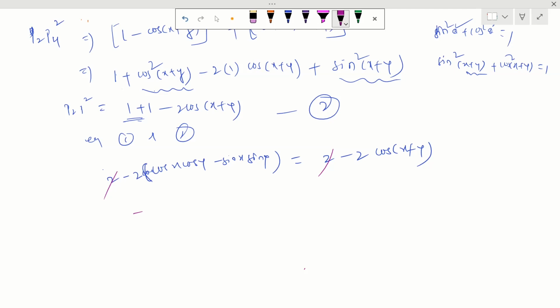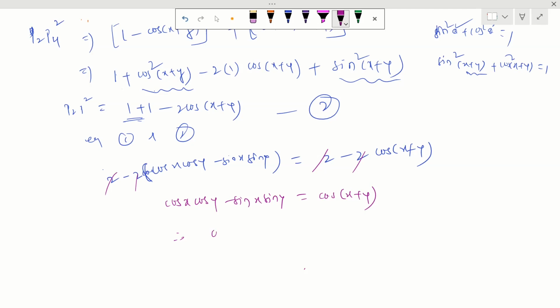And here we have minus 2, which will also get cancelled. The only remaining terms are cos x cos y minus sin x sin y equal to cos of (x plus y).